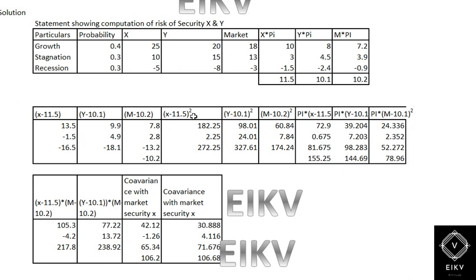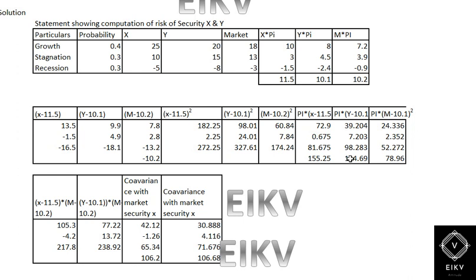Then we square X minus X bar: 13.5 times 13.5 for X, negative 1.5 times 1.5, and negative 16.5 times 16.5, which gives the total. After squaring, we multiply it with the probability Pi to get the variance.